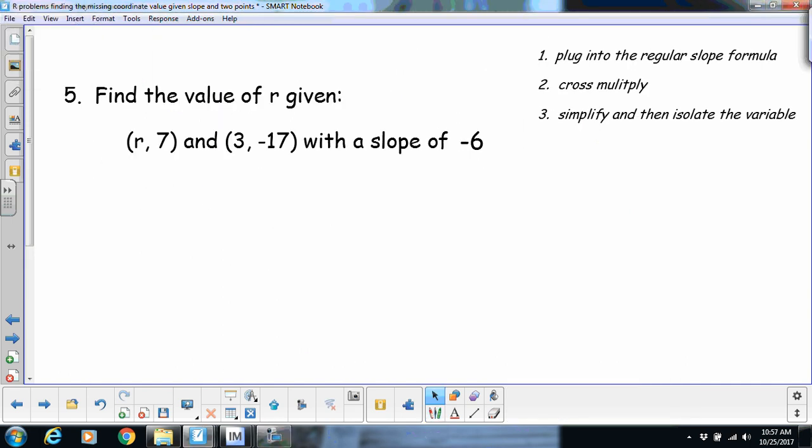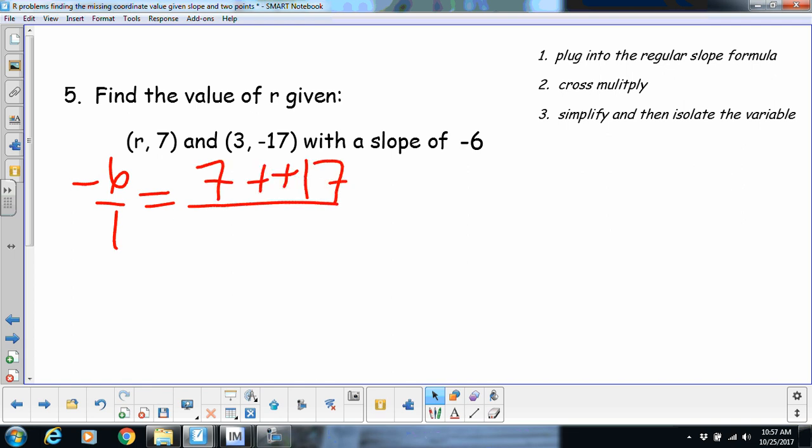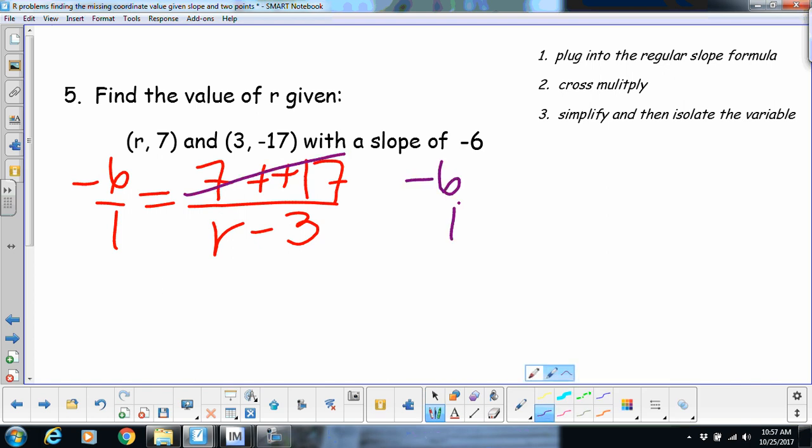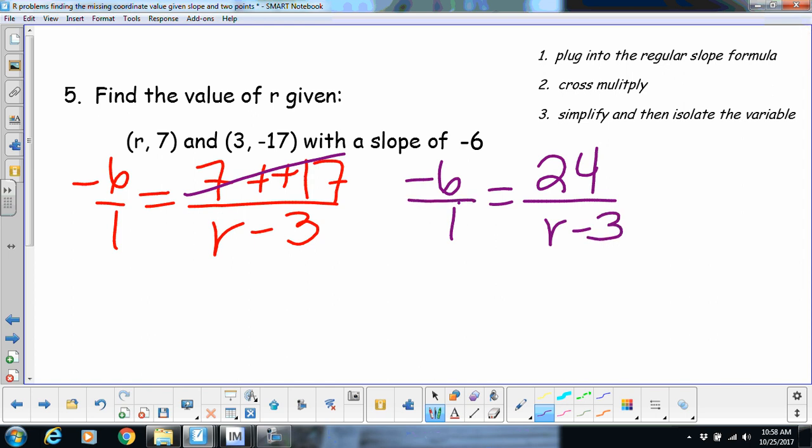Last one on the front. Last one on the front. Okay? Started off with what? Negative 6 over 1, and then it's... Okay? So 7 plus 17 turns into 24. Okay?